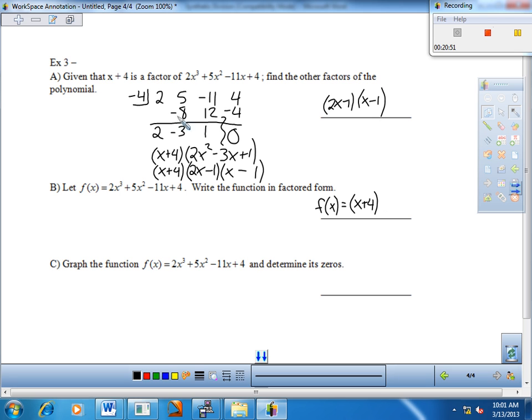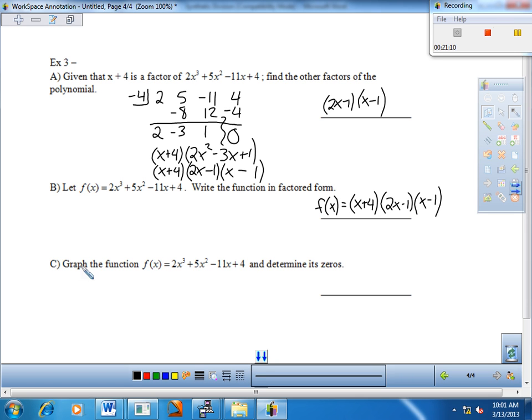We used that to see how many times it went into our cubic, and it went in this many times. And so as a result, this times this equals the cubic. And then, of course, guys, we broke that on down further. And so you see this piece right here. How does that look? So standard form, factored form. We'll talk a lot about that through the course of this next unit.